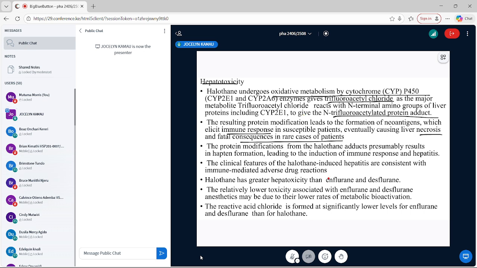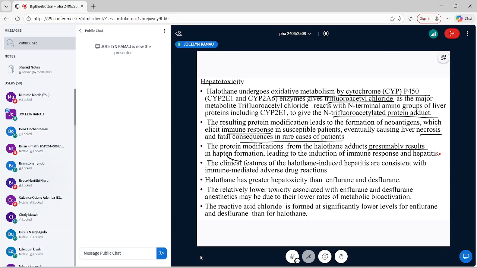The protein modifications from the halogen adducts presumably result in hapten formation, leading to induction of an immune response and hepatitis. Remember, some of the molecules in the body, and we mentioned this when we were looking at the beta lactams, when they bind with protein, initially the compound is small, but they form protein adducts, even in the blood, in the plasma.